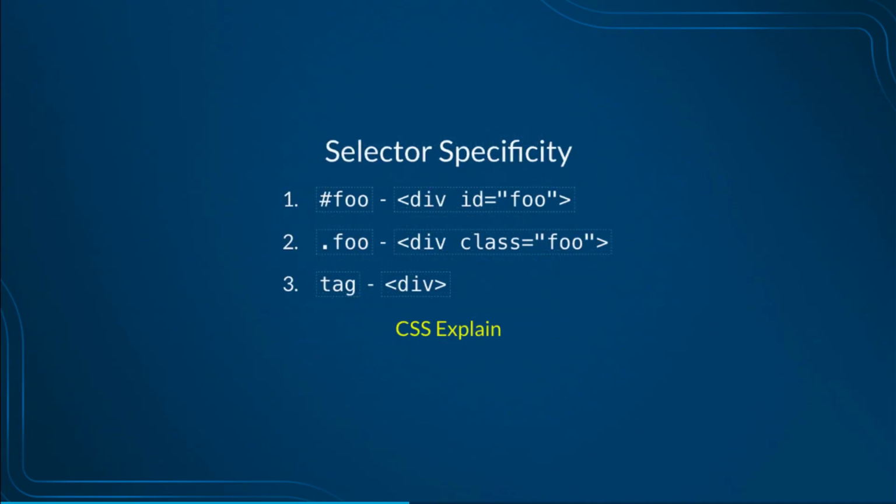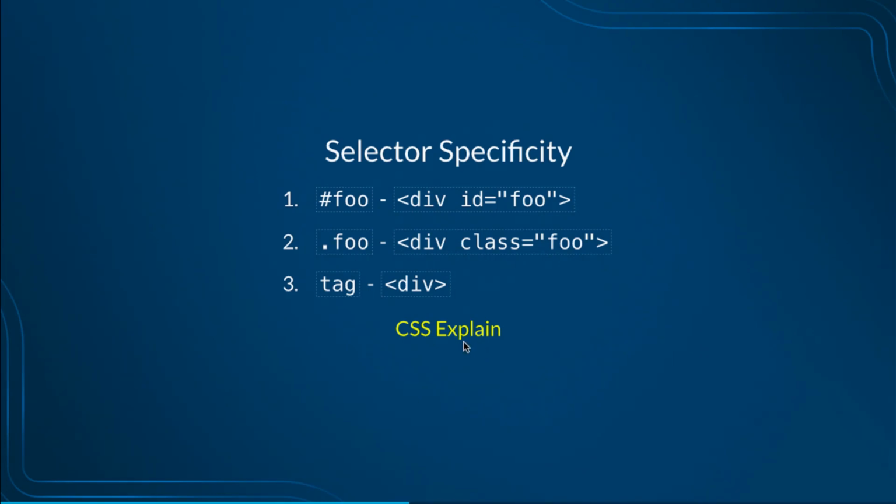And there's generally three styles of CSS selectors. There's selectors that select things by the ID of the HTML element. There's selectors that select things by the class of the HTML element. And then there's things that style by the tag of the element.